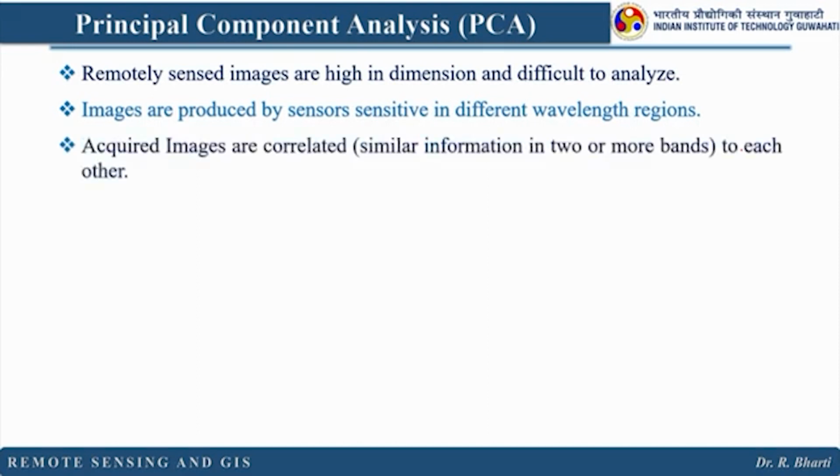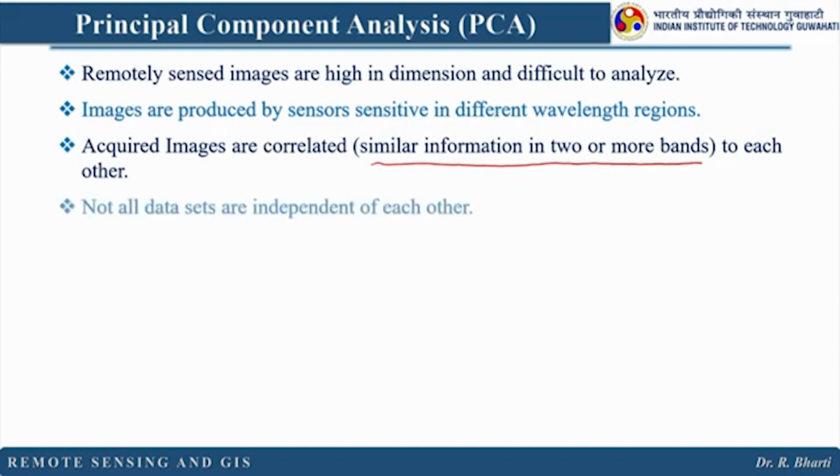So acquired images are correlated. Why? Because similar information in 2 or more bands can be present. This is what motivated us to apply some segregation technique, so we can easily find unique information from our image.